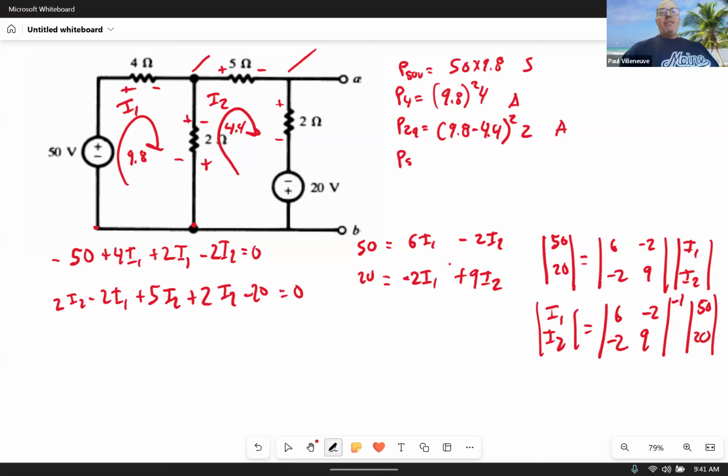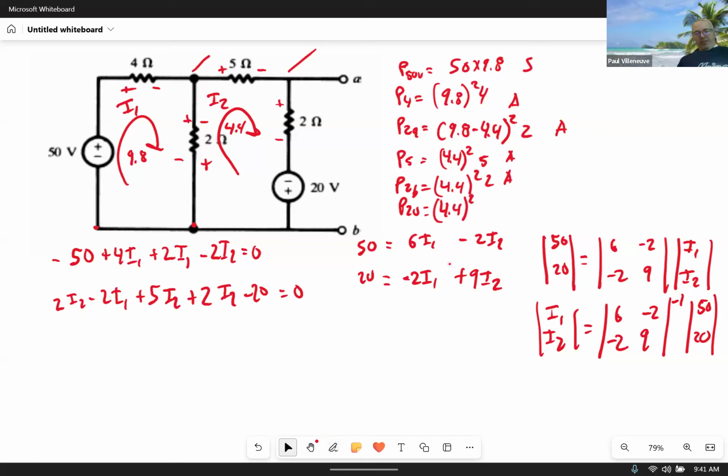Now I'll do my P5 ohm. That's just I squared R. There's only one current flowing through there: 4.4 squared times 5, absorbing. My P2B, which is my second 2 ohm resistor, has only one current flowing in it, times 2. And lastly, my P20 volt. We know there's a current of 4.4.